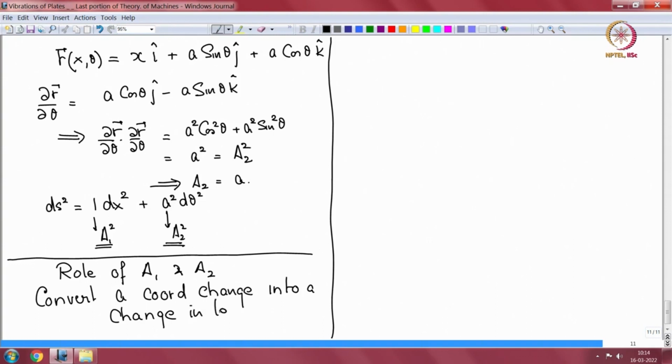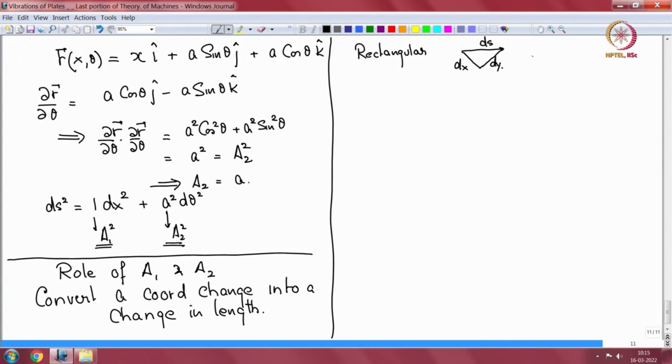If we are looking at the rectangular plane case, we had dr, or ds, which leads to dx and dy.